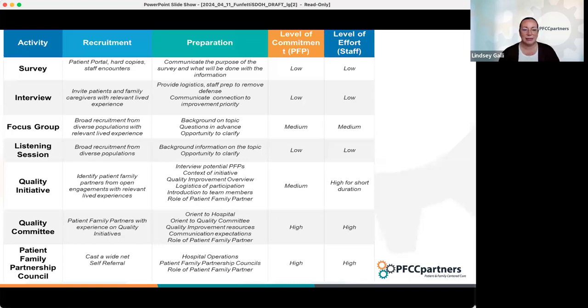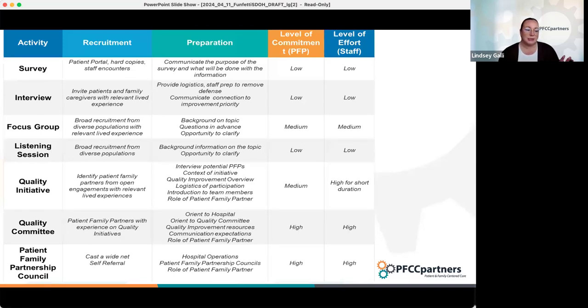So on the next slide, we're calling this the lanes of engagement. For a long time, a lot of healthcare organizations had been really focused on patient family advisory councils, PFACs. Over the past few years, we have recognized that there is a need to open more doors in more places in the community in order to hear the perspectives that have traditionally been underrepresented in engagement work.